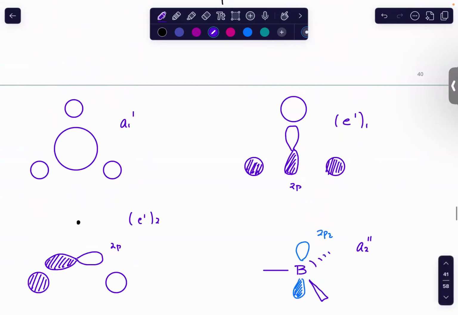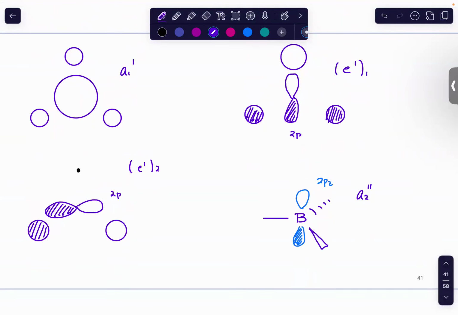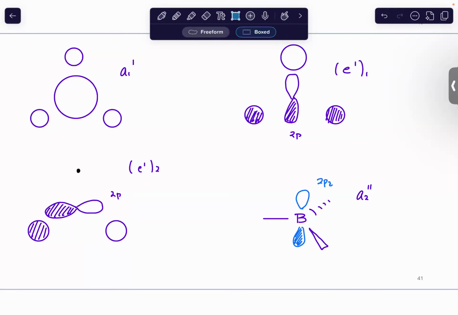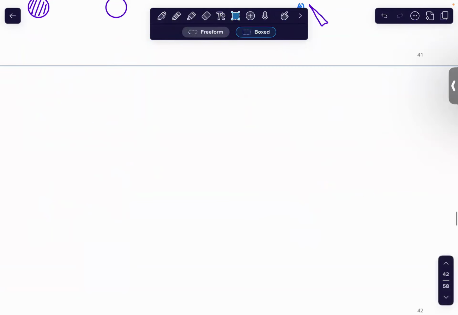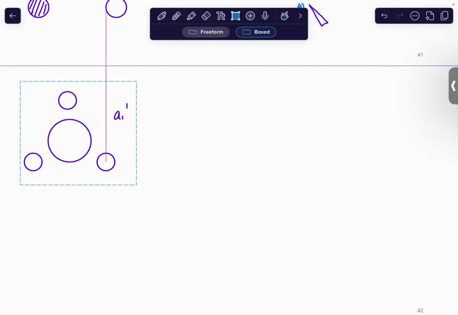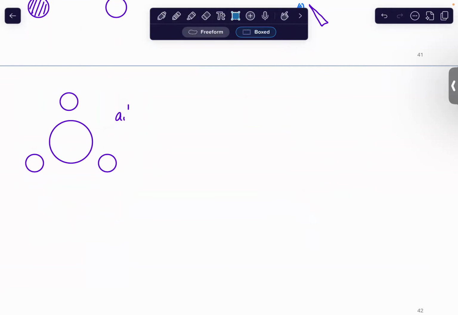Okay, now let's look at these again. We have to put together the same symmetries, but we need antibonding. So I'm just going ahead and grab this. How do we think antibonding is going to shape up? Maybe the boron one is in a different phase.